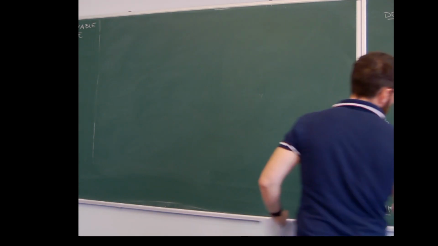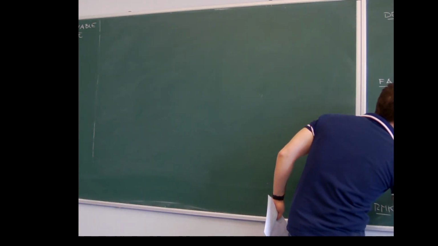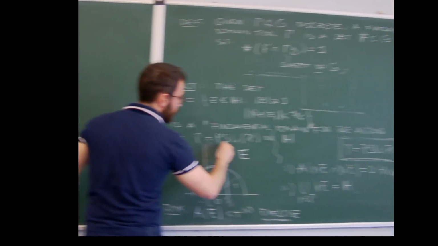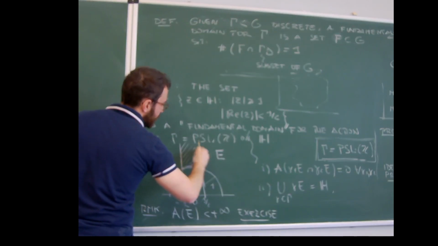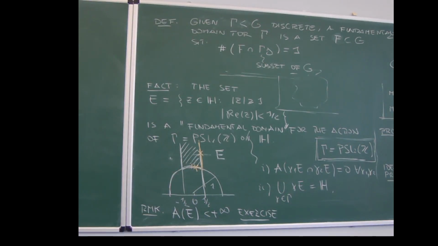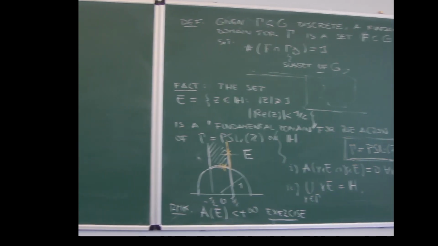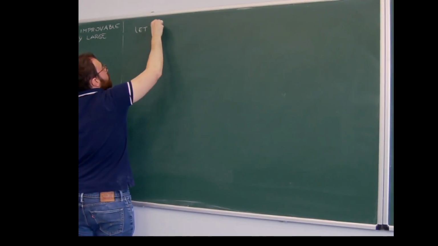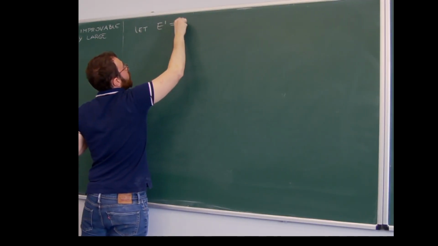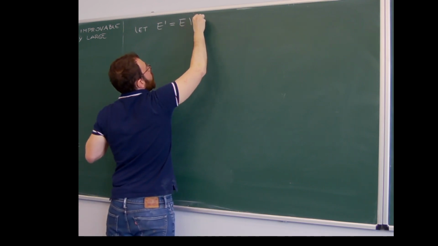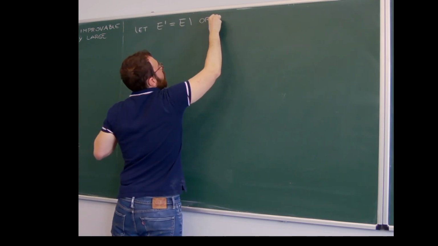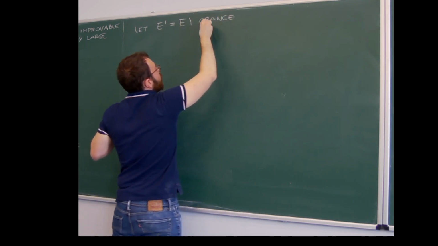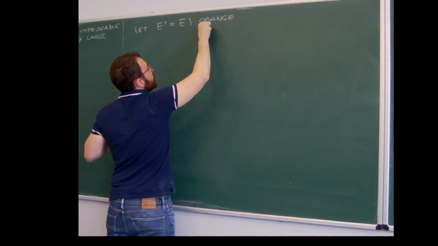Okay. So what happens is that if we eliminate this stripe here and this line here, then the tiles are actually disjoint. Okay? So let's call E prime equal E minus orange parts.